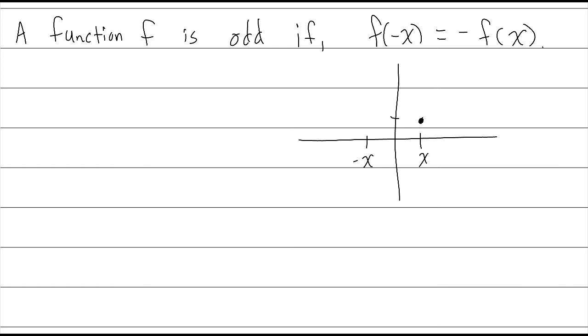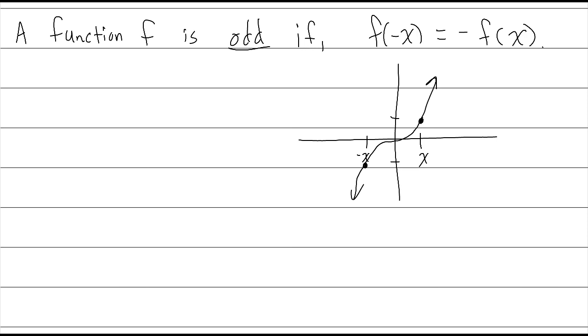You go the opposite way. You get the negative version of that original point. So you're down here now. Let me do that a little bit better. Okay, so in other words, what you have here is some sort of odd function, or you have some sort of symmetry with respect to the origin.